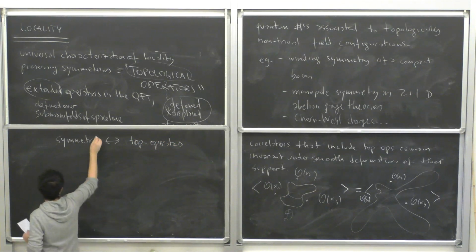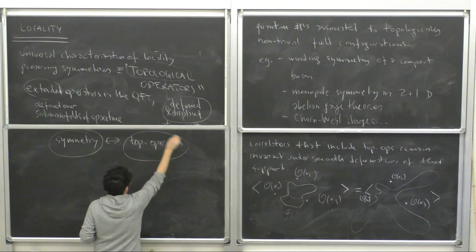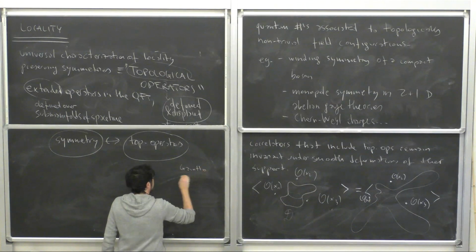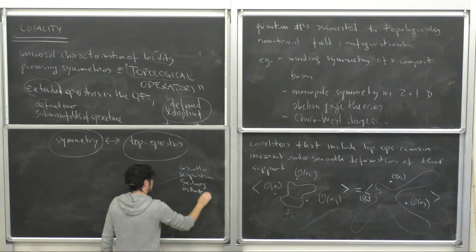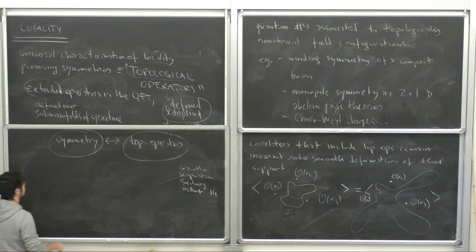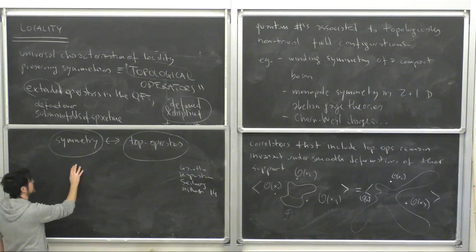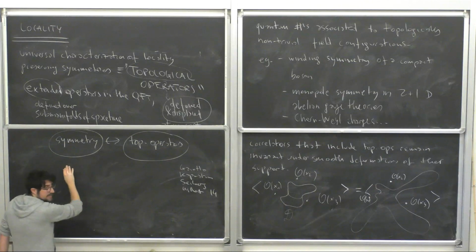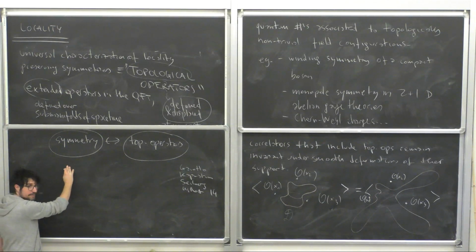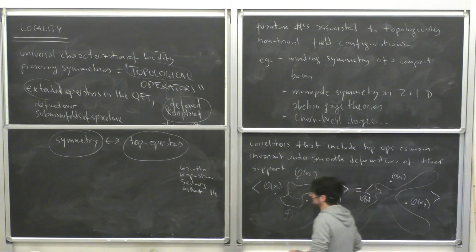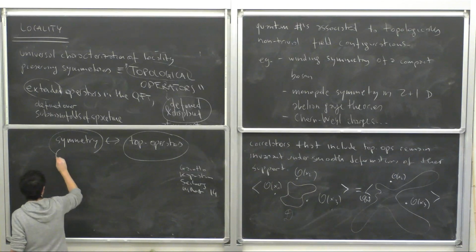This remark, I think I learned it from the Bible on the subject, which is this paper by Gaiotto, Kapustin, Seiberg, and Willett. But I think you should think about this double arrow as the right hand side defining the left hand side. The right hand side is the definition of the left hand side, if you are interested in symmetries that are locality preserving.